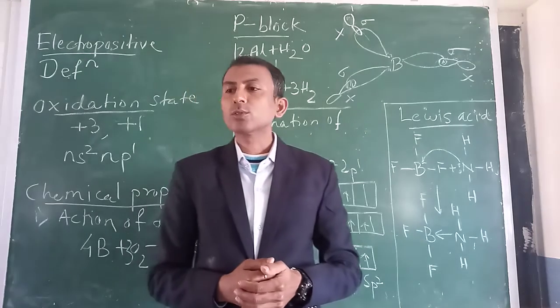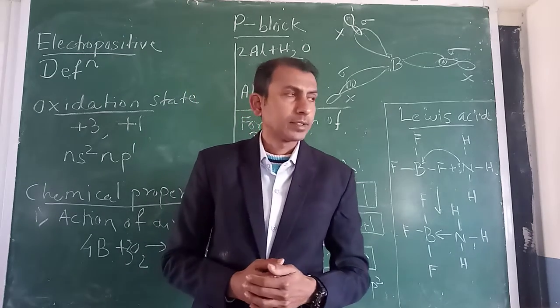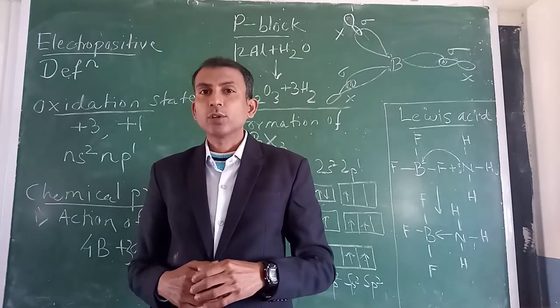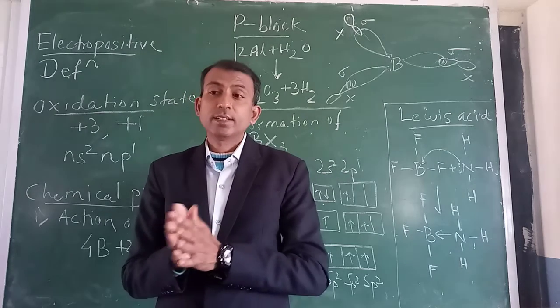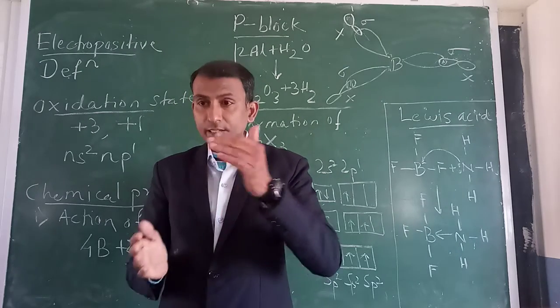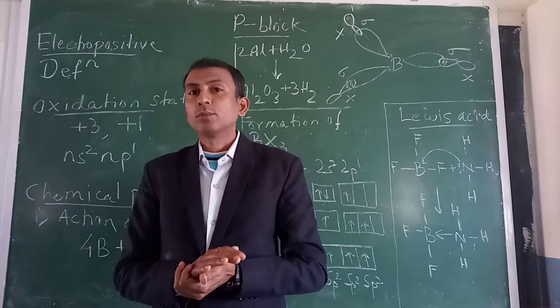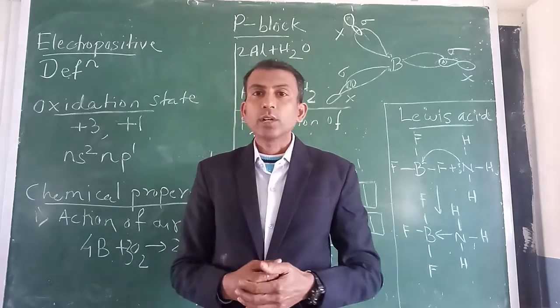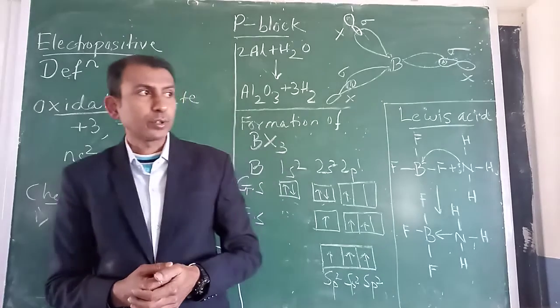Okay, so that also you can understand when I send my PDF to you for this part. Okay, so that you can read and understand. So this pattern will remain the same for aluminium also, like boron. Okay, so after reading the PDF you can ask me the doubt.